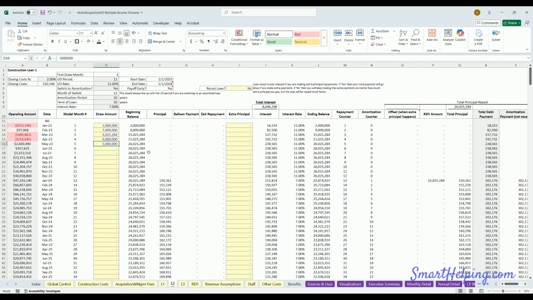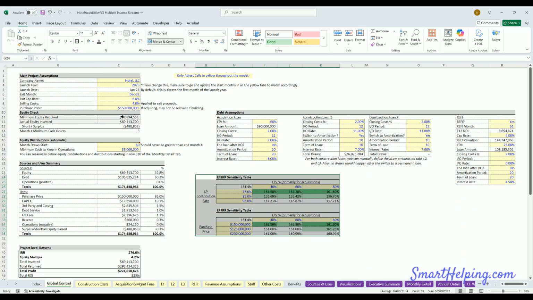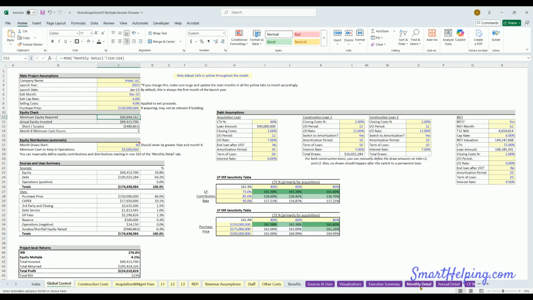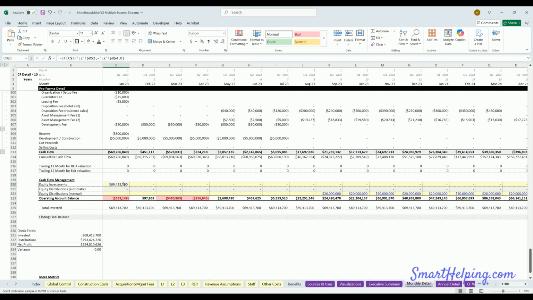Okay, so that gives us a little buffer on the operating account, but we have now to raise a little bit more cash because of those closing costs on the loan. So let's go over here and adjust this. There we go. So that gets us back to our 0 operating account balance, which means we raised just enough equity to cover all our assumptions.